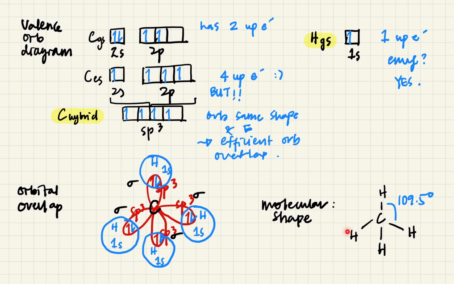So your molecular shape for CH4 just now has this tetrahedral shape, right? So your orbital overlap also has a tetrahedral shape. So it should be about the same. Alright? Okay, so that's the first example.